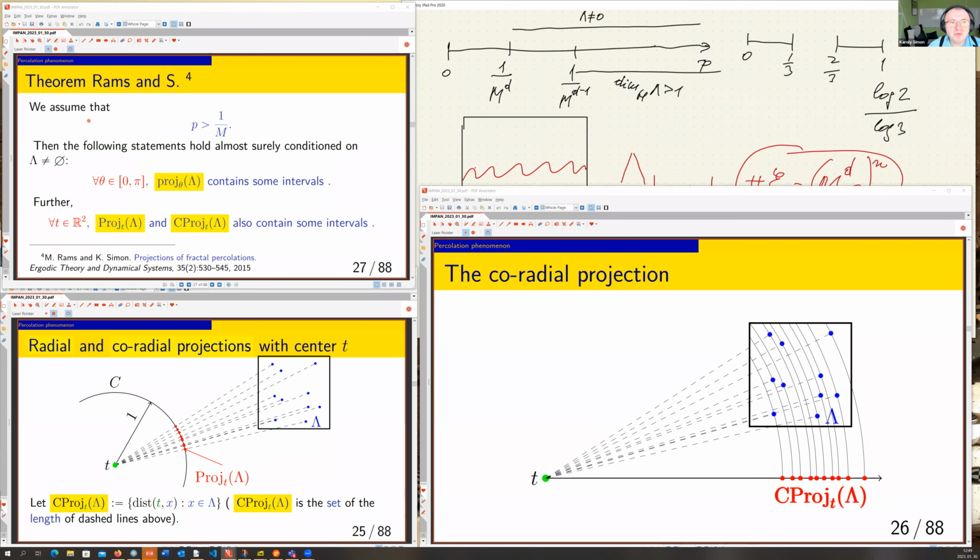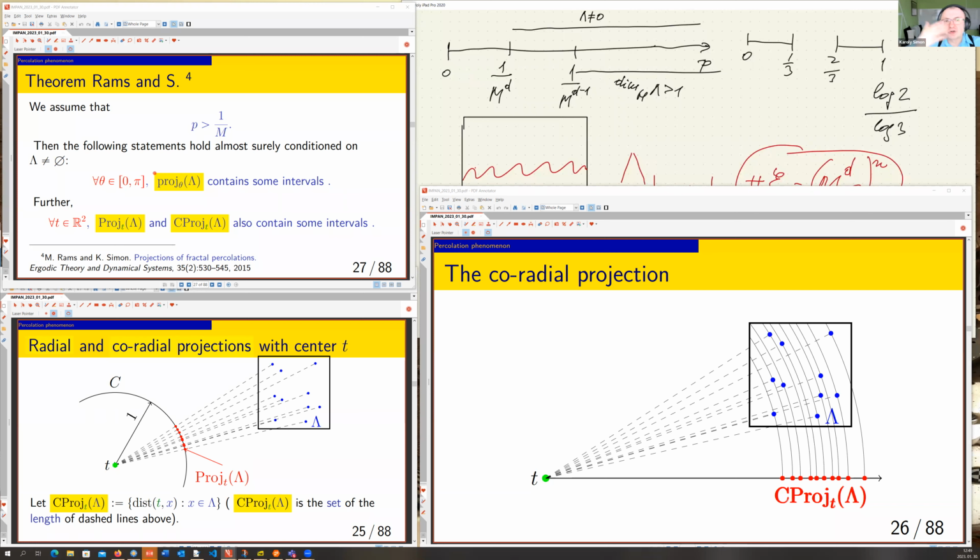And then you may have heard at least 10 times our theorem with Michal Rams that if P is bigger than 1 over M, so we are on the plane, this means that the Mandelbrot percolation set has dimension bigger than 1, then it happens almost surely.